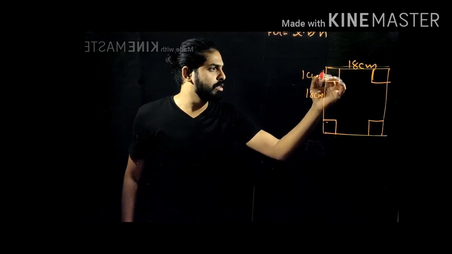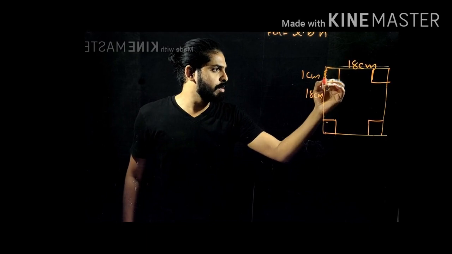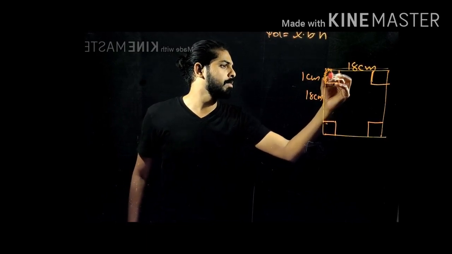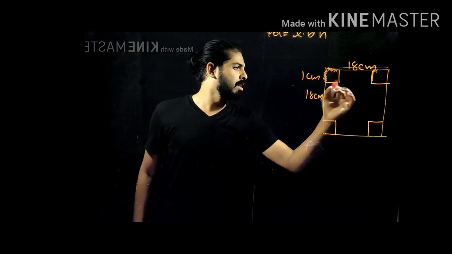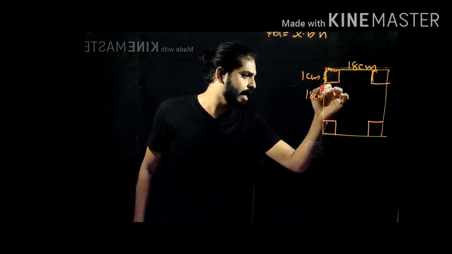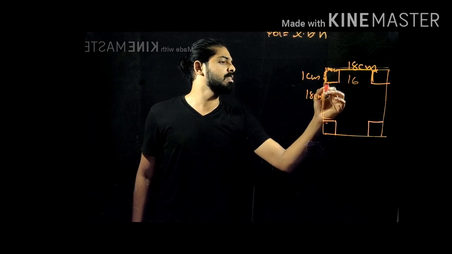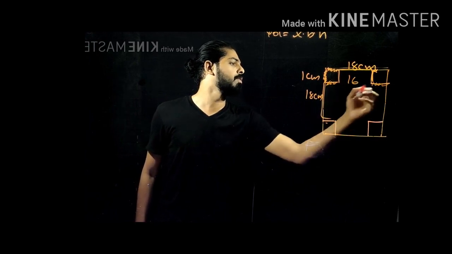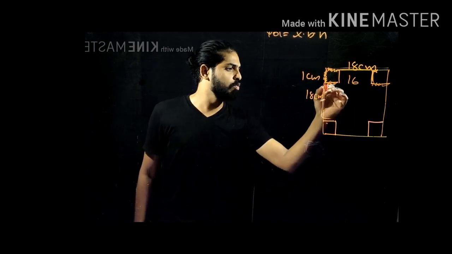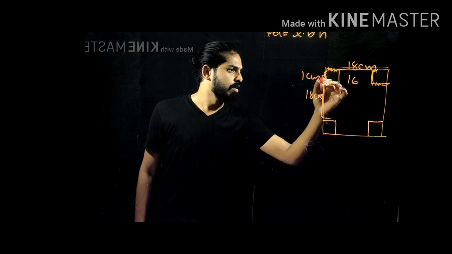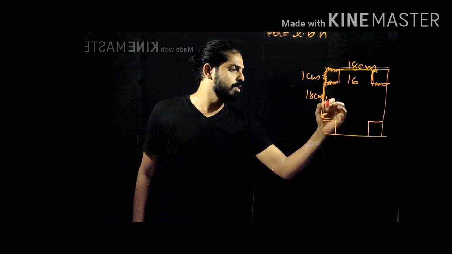Since I'm cutting a square, 1 centimeter will be reduced from here and from here. So the length will be 16, since 1 centimeter is cut off from here and 1 from here. Like that, breadth will also be 16.